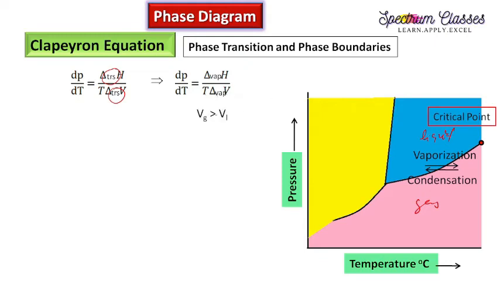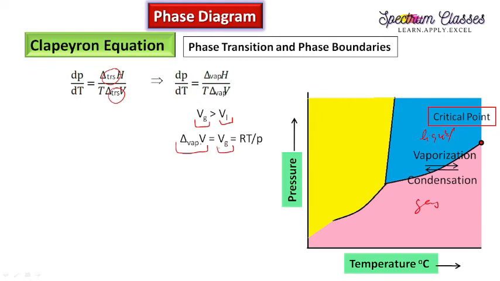Now, since the volume of gas is very much higher than the volume of liquid, we are all aware of this fact. And since we are talking in terms of change in volume, when vaporization takes place, we assume that the change in volume is equal to the volume of gas or vapor.